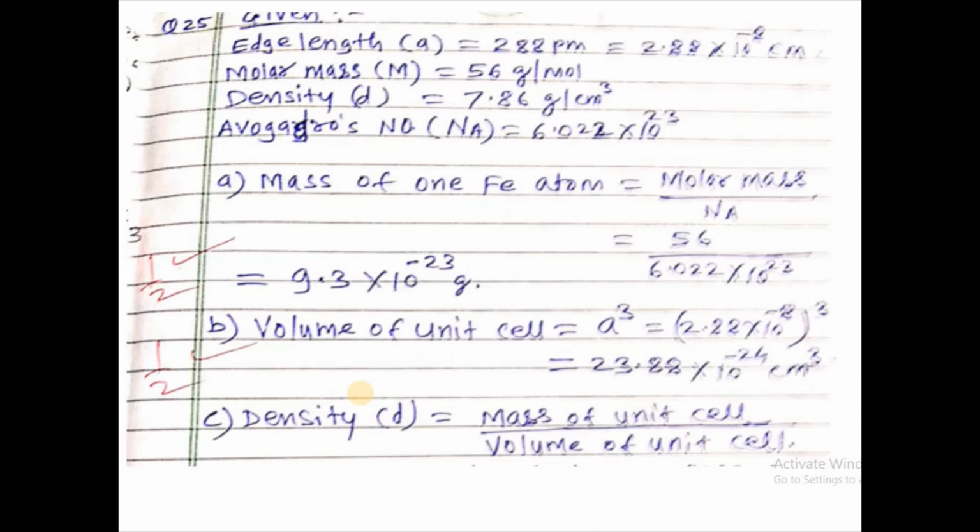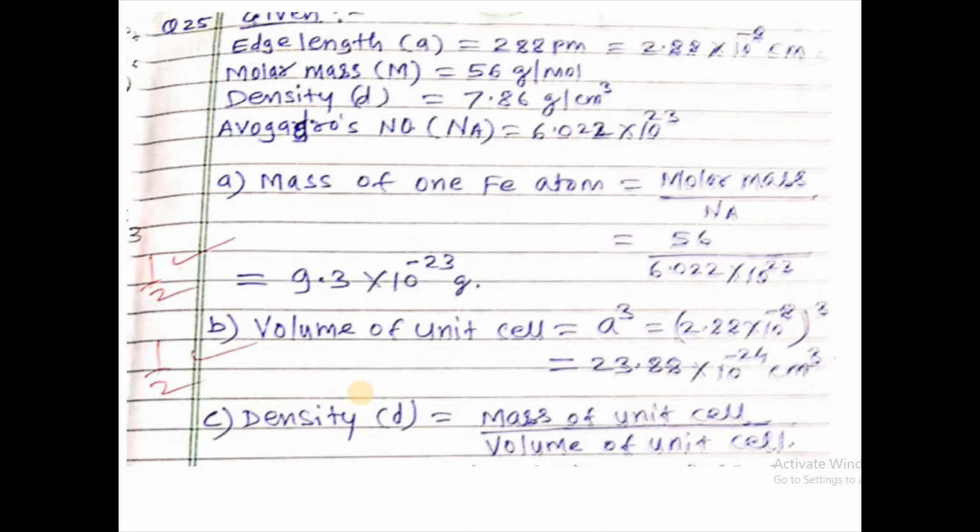This is the mass of one Fe atom. And we can also calculate the volume of unit cell, a cube. I have converted 288 picometer into 2.88 into 10 raised to minus 8 centimeter. This is very necessary, to convert picometer into centimeter.